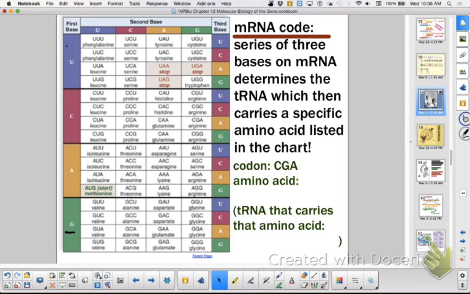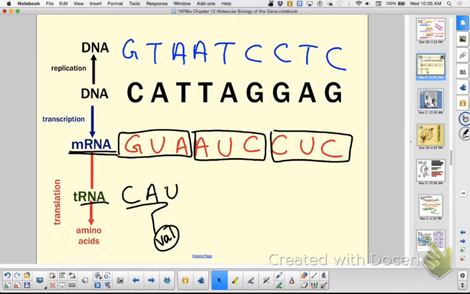Okay, so all of these are under the U, and here's the third letter of the codon, A, right? So now I know GUA. I know what this amino acid is right here. It's valine. There's a chart.